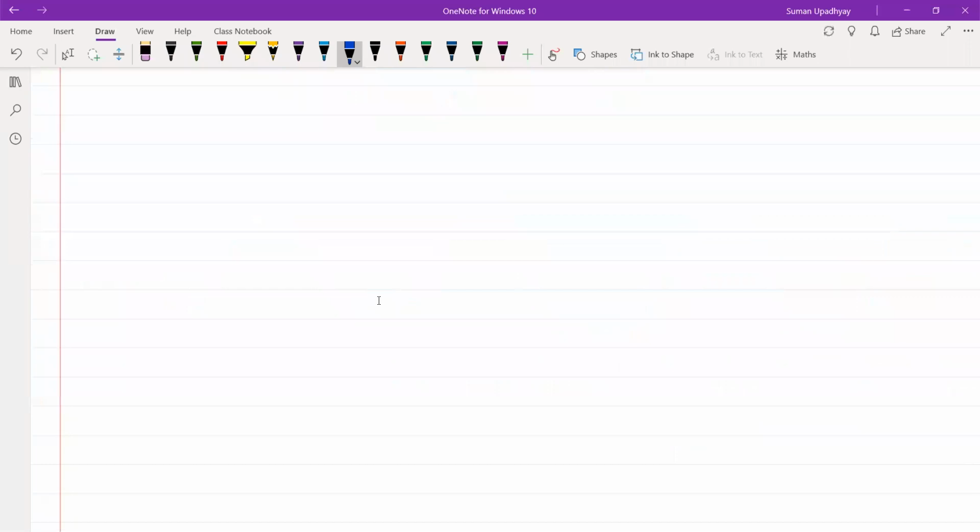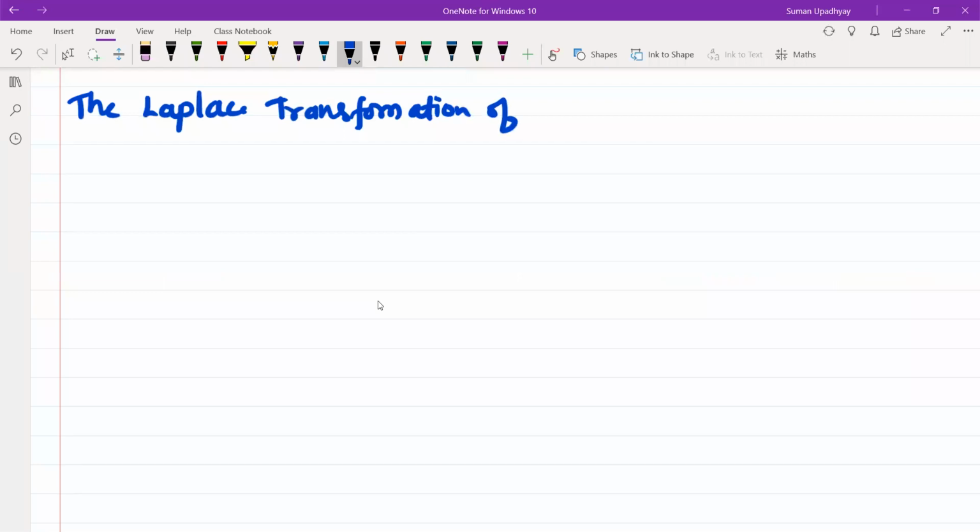All right. So what is the formula of the Laplace transformation of a periodic function?